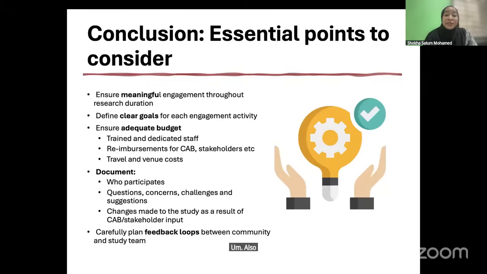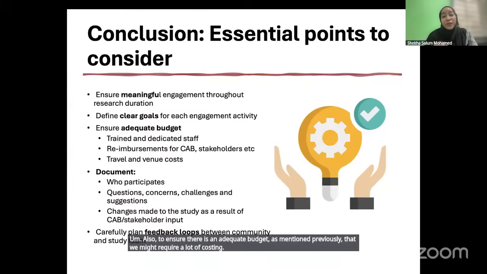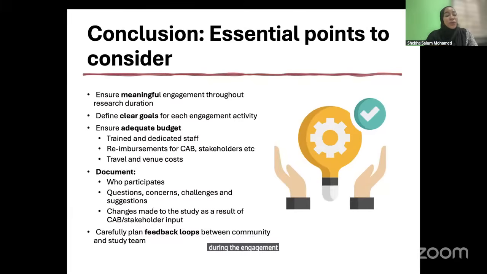Also, ensure there is an adequate budget, as mentioned previously, since we might require a lot of costing during the engagement activities. You also need trained staff to implement those activities.